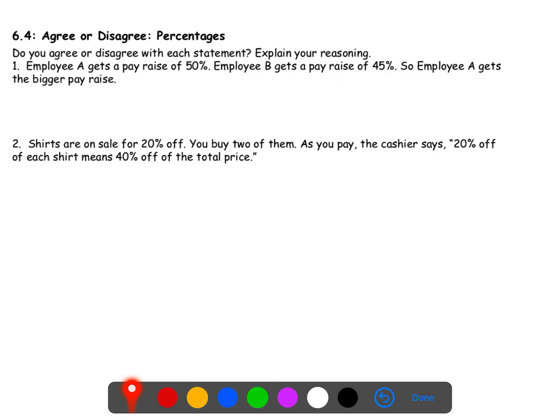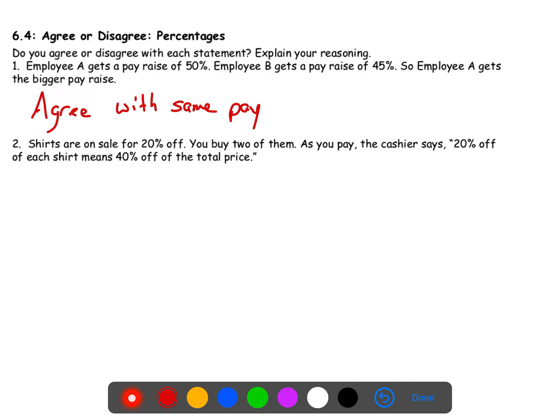It's a smaller percentage, a smaller portion of a bigger starting amount. So we can say we agree with it if the employees make the same pay. But we would have to disagree if they made different amounts, if they had different salaries.